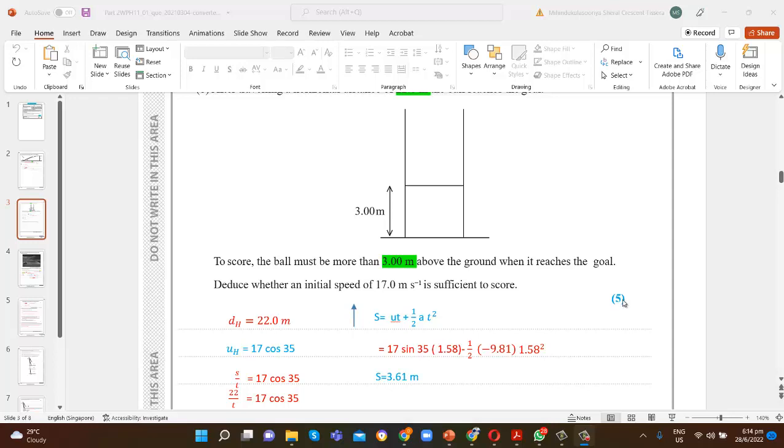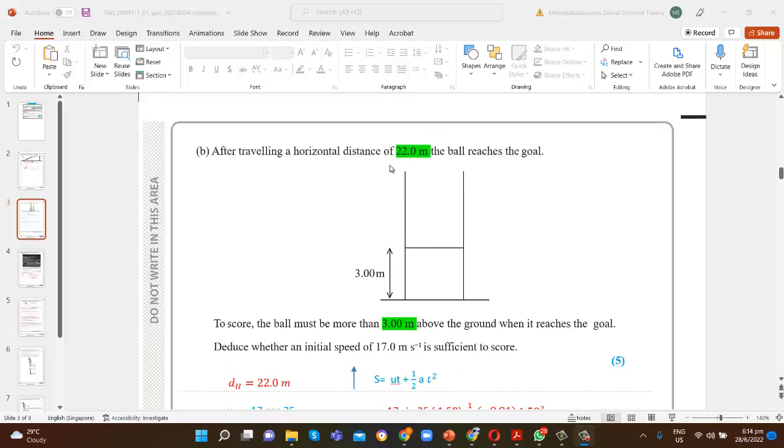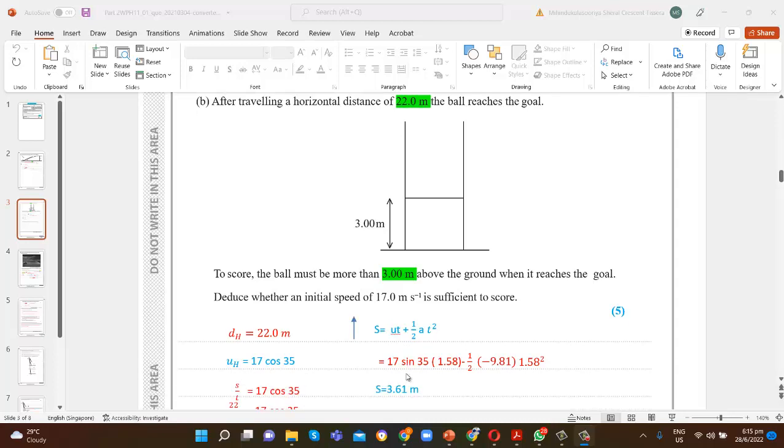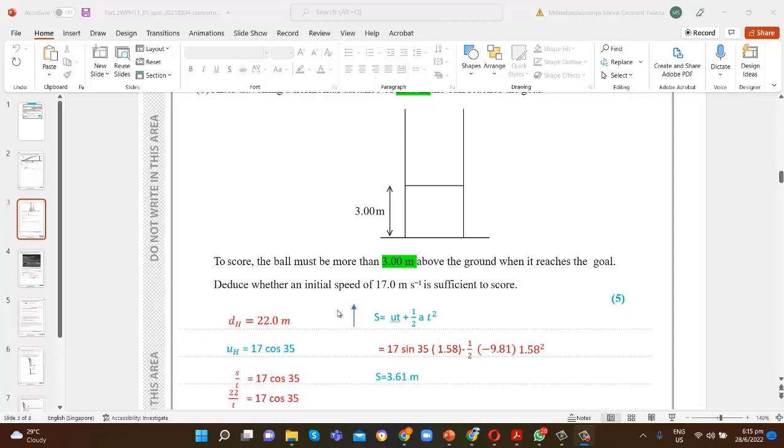Now see, the horizontal distance is 22. So the horizontal displacement is 22, and for the upward direction we use s equals ut plus half at squared. The horizontal velocity is 17 cos 35. So in the horizontal direction, 22 equals t times 17 cos 35.